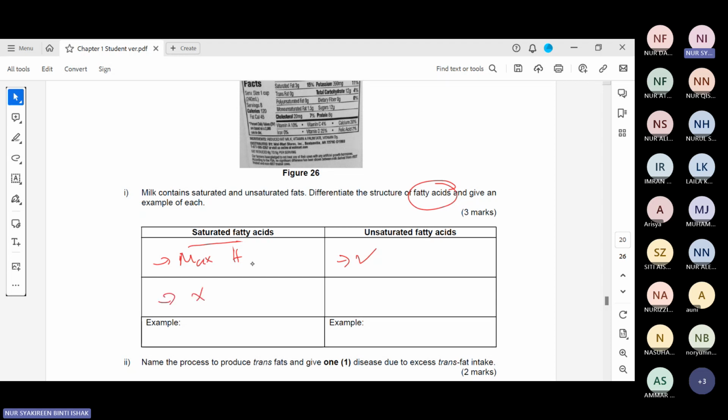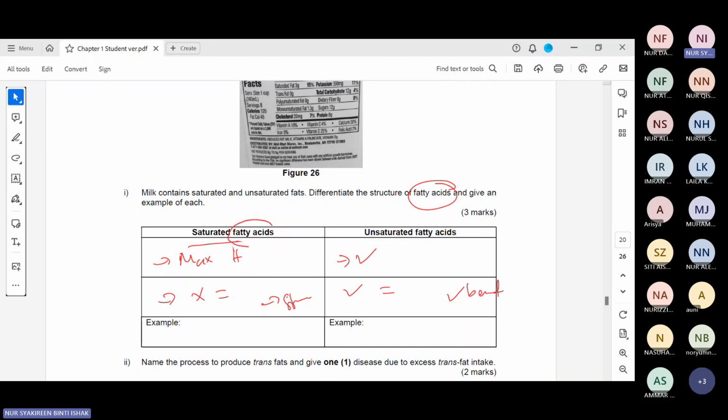Second, saturated has no double bond, while unsaturated has at least one double bond. Due to the presence of a double bond, it makes the molecule bent. The saturated one is a straight or linear molecule.